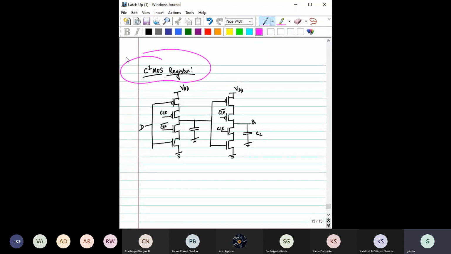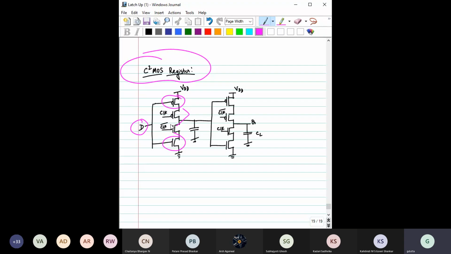What do you mean by this C-square MOS? Here you see this is the D input. You apply this D input to this PMOS and NMOS. In the middle, you have two more transistors, where you have connected clock and clock bar. You can compare it, not one to one, with the dynamic CMOS logic.